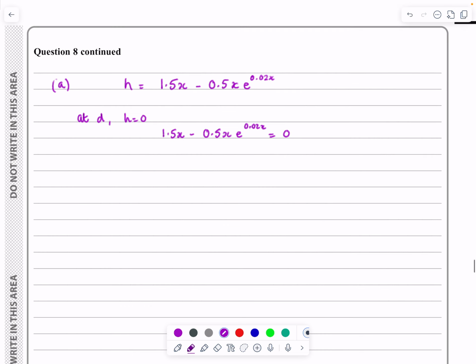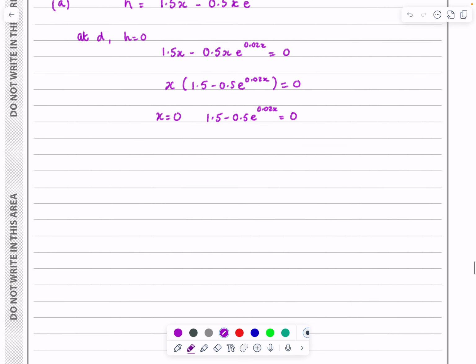So if I look at this function, I can take x as a factor out. We could have seen that from the graph, which showed me x equals 0. So x times (1.5 minus 0.5 e to the 0.02x) equals 0. So I'll either get x equals 0, which we could see off the graph, or the other one is going to come from 1.5 minus 0.5 e to the 0.02x equals 0.